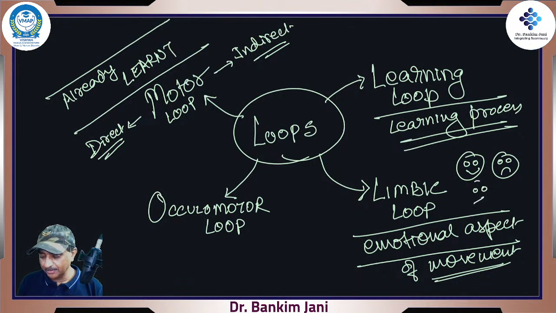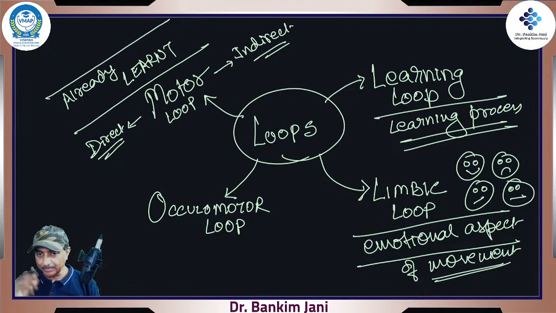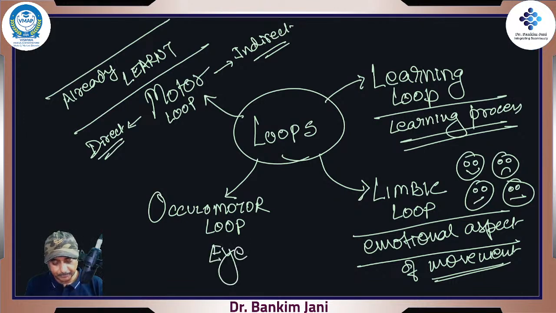Then this, then this. All those emotions are related to the limbic system. So there has to be some extra component for that. Yeah, it is there. And then regarding the oculomotor loop, this is for the eye movements.